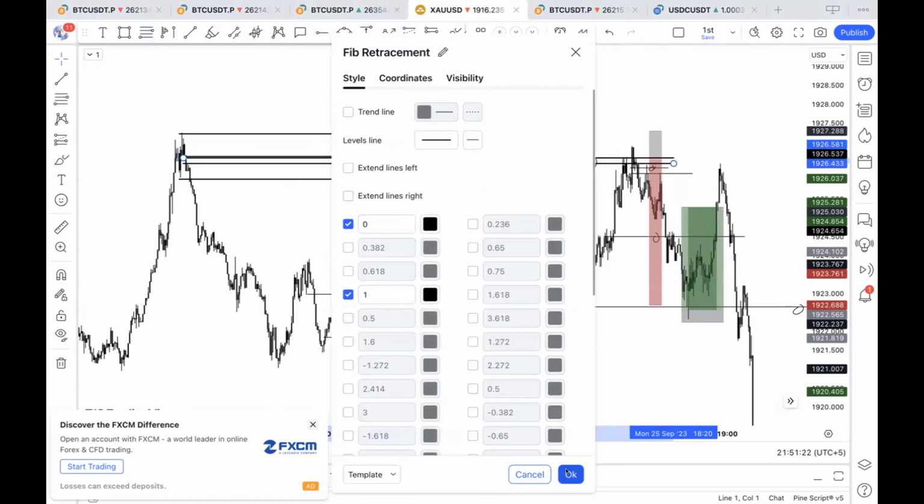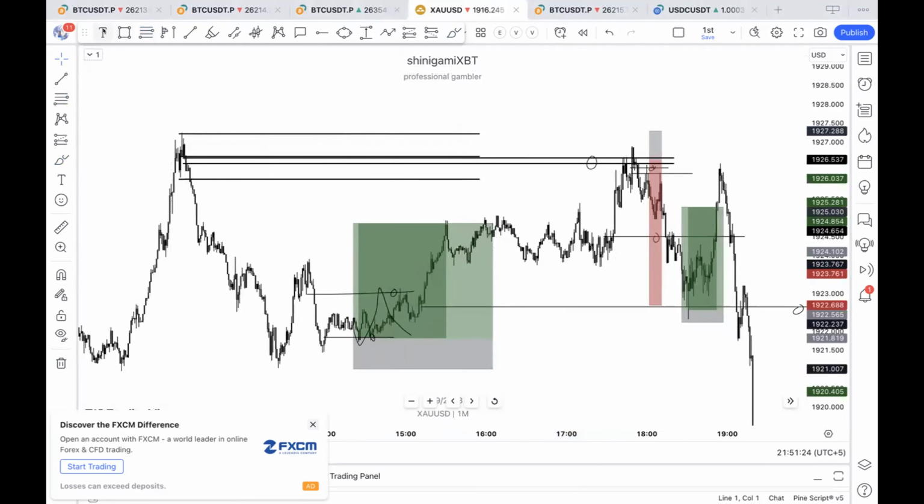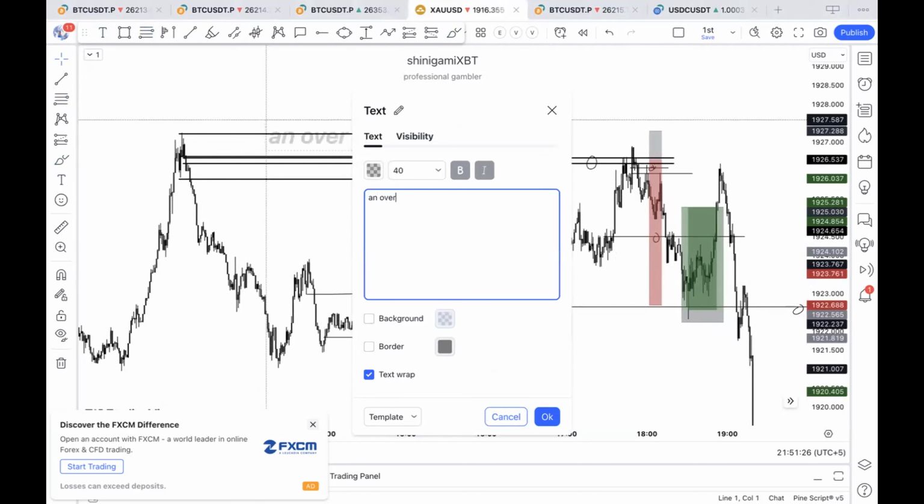An overlap of FVG and 0.5 of order blocks, with confluence of maybe an NPOC or bid/ask imbalances on order flow, is what makes up my POIs.